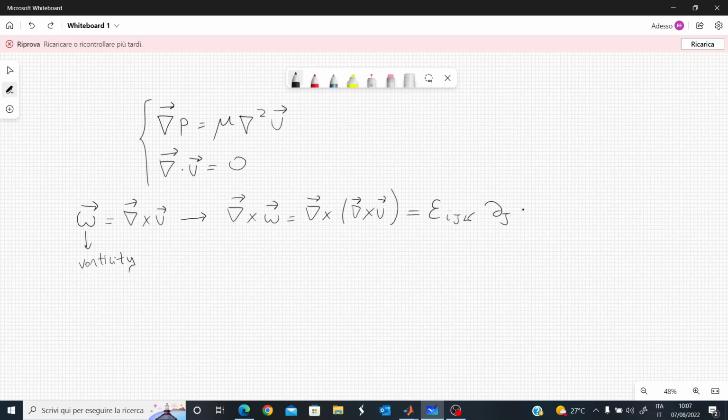So let me rewrite it as, here we will have another epsilon because I have another cross product, and then this will be epsilon k. It will start with k, and then I have other two indices, L and M, dl um, and this can be written as epsilon ijk, epsilon Lmk.